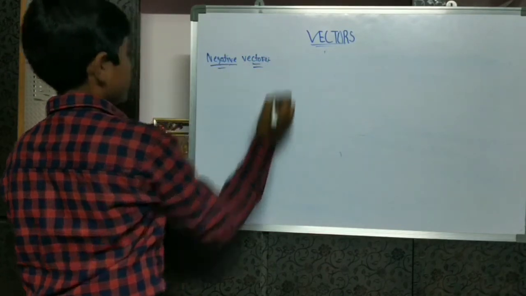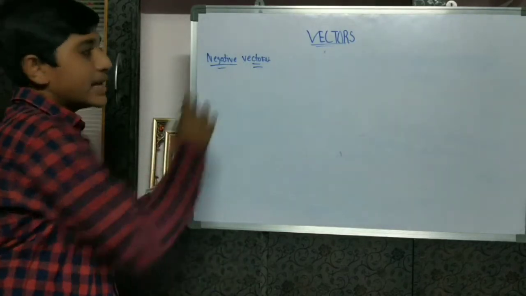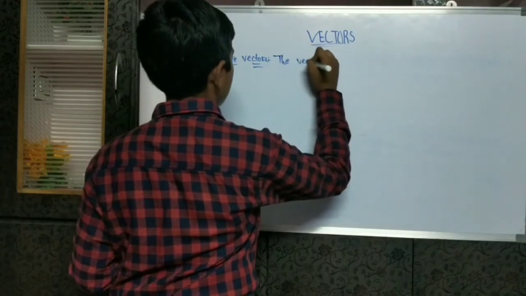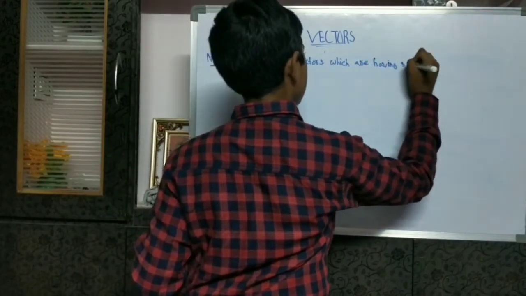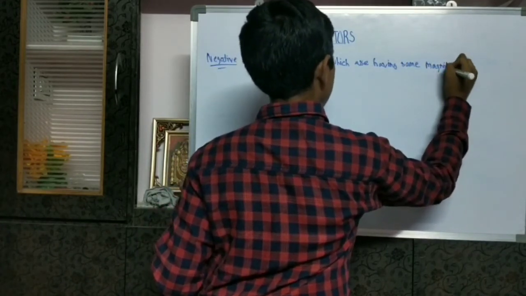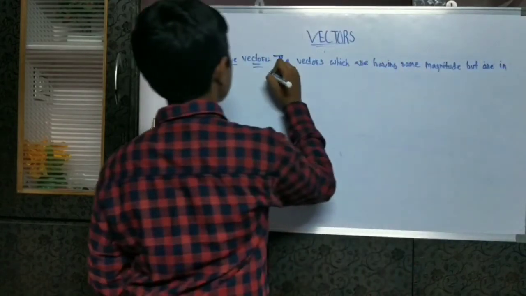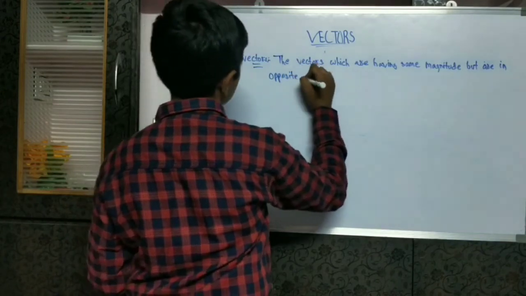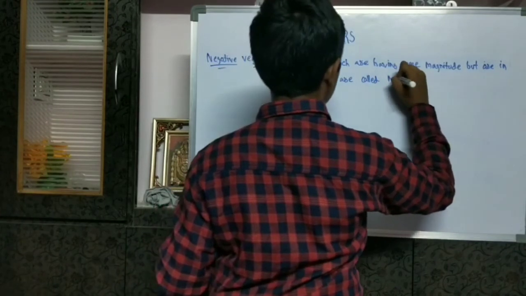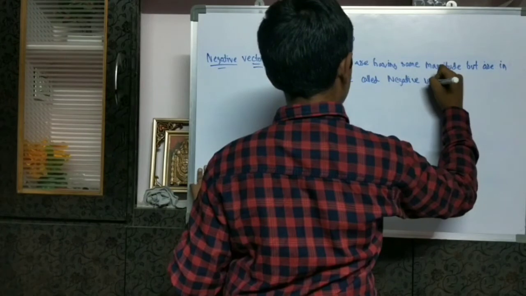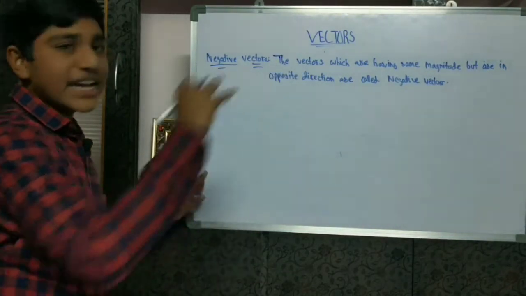The vectors which have the same magnitude but are in opposite direction are called negative vectors.